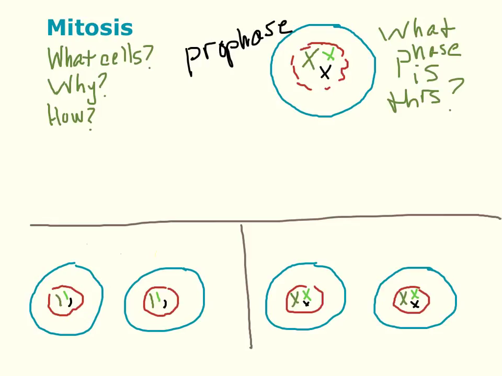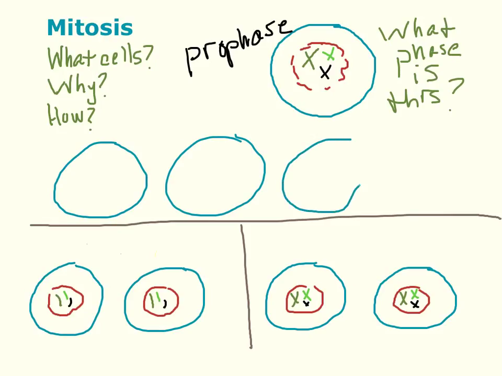Okay, there we go. I'm going to put my metaphase there, my anaphase there, and my telophase is going to look like that. And I've got a black chromosome lining up along the middle.